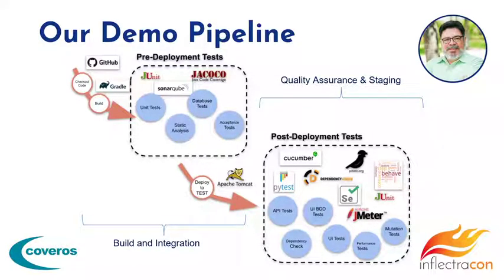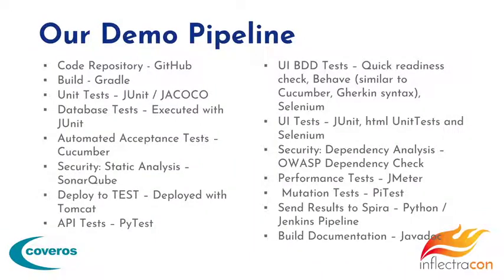Security dependency analysis using OWASP dependency check. Performance tests using JMeter. And mutation tests using PyTest. The pipeline can then be used to deploy to the next higher environment or to post the product for customers. These are the details of the pipeline steps and technologies we will be demonstrating today.